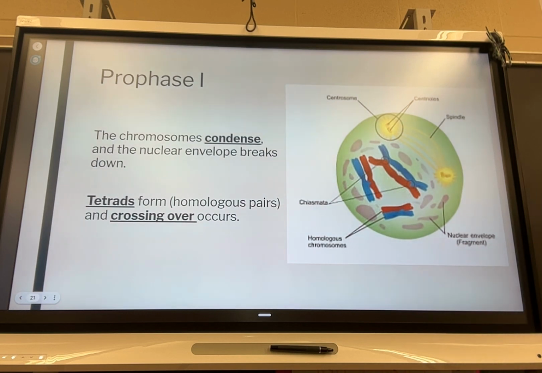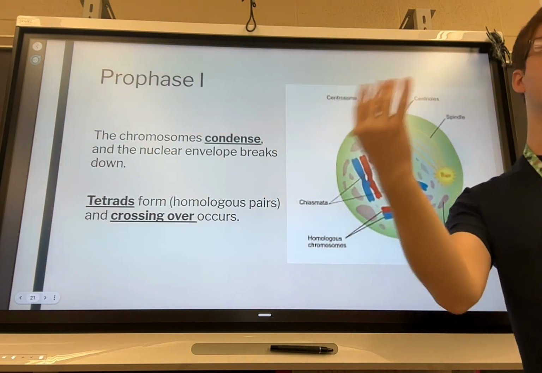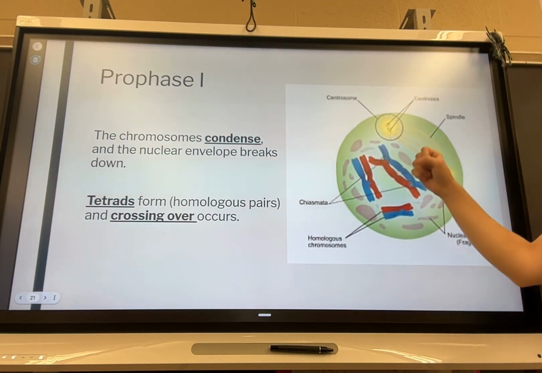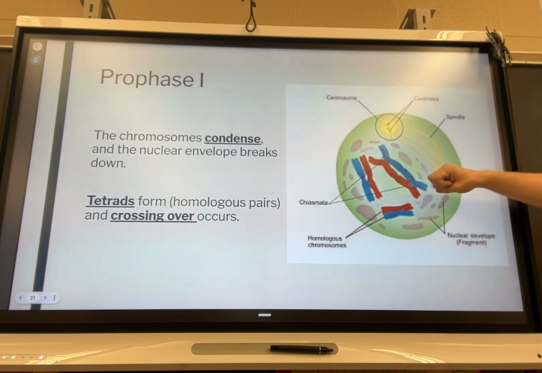So we note them as either 1 or 2. In prophase 2, just like in prophase of mitosis, we are going to condense our chromatin into chromosomes. We are going to break down the nuclear envelope. But in prophase 1, we're going to get crossing over. So we have that tetrad, those homologous pairs, and they're going to swap their genetic information at this point.